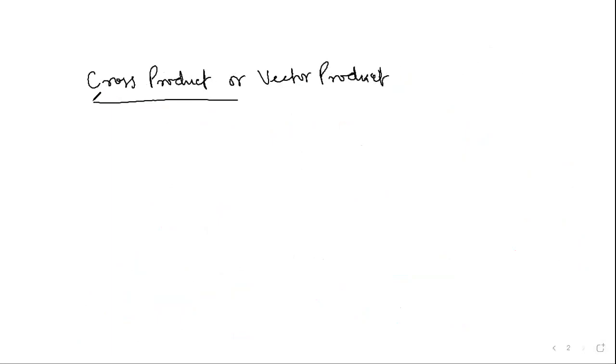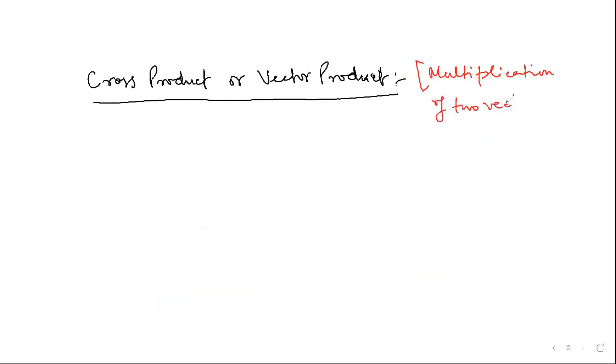Next, we have cross product or vector product. Multiplication of two vectors to yield a vector, right?